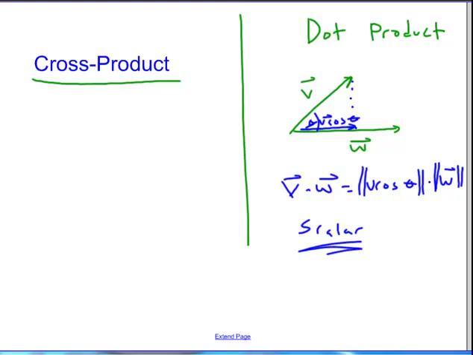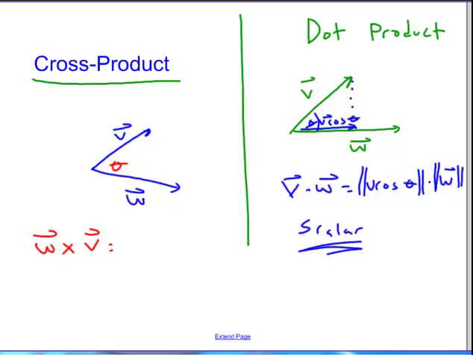Well, similar but different. The idea of a cross product is, let's say we've got two vectors, v and w once again. If I say w cross v, for right now it's easier to think about this, and some angle theta between them, this is a vector that is normal to both of them.